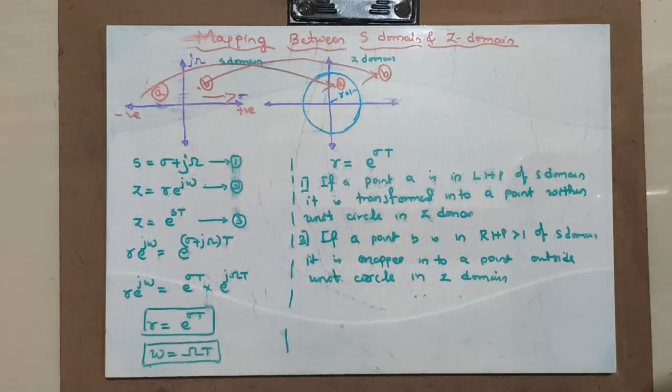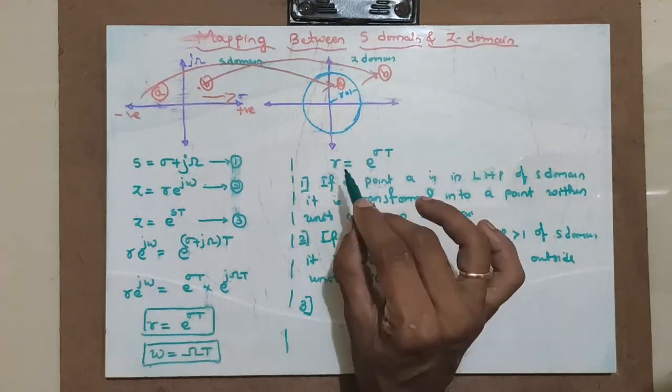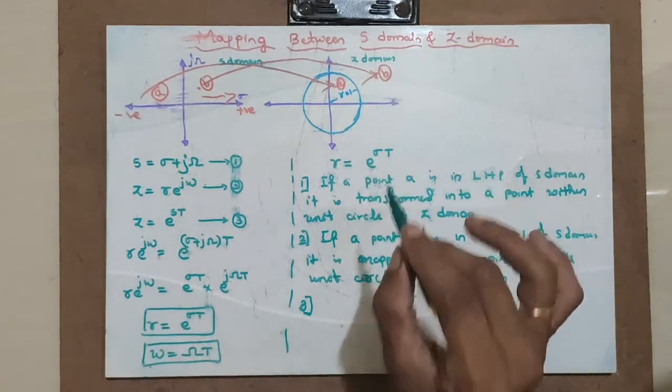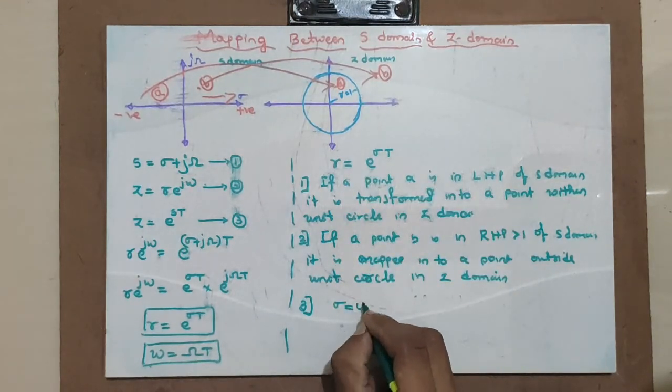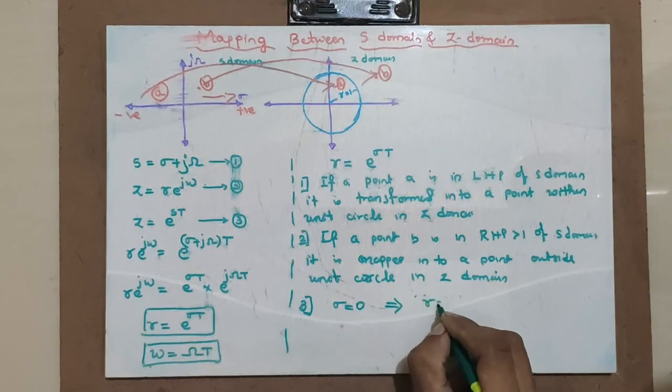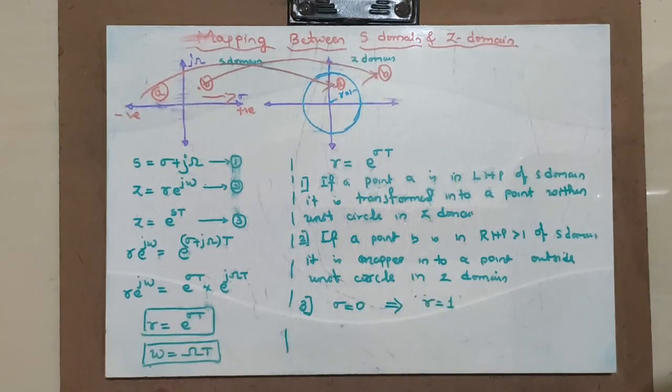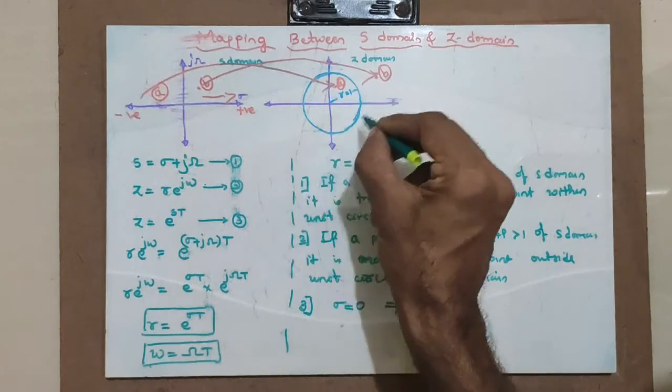The third is the j omega axis. So as to understand the j omega axis, see, sigma is equal to 0. If you put that, it becomes the j omega axis, but r becomes equal to 1. Sigma is equal to 0 implies that r becomes equal to 1. That means the circumference of our unit circle.